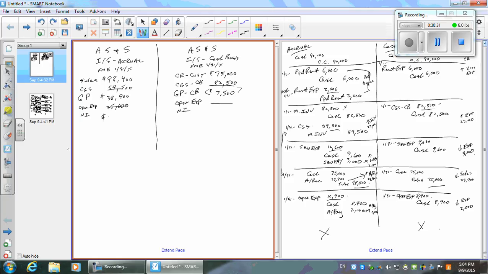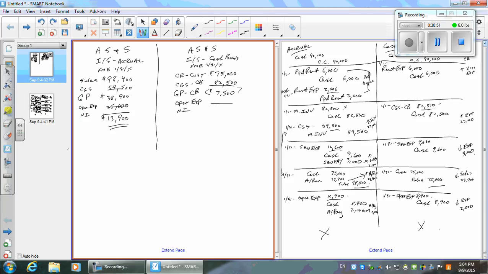The income is 13.9. Is that right? Is that what the author has? Yeah, good. Okay, I don't know what we did before. It's weird. Okay, 13.9. Okay, good. Actually, I think what we did before was we screwed up the 2,000 accrual expense. That's what we did. Okay, so let's try operating expenses cash basis.